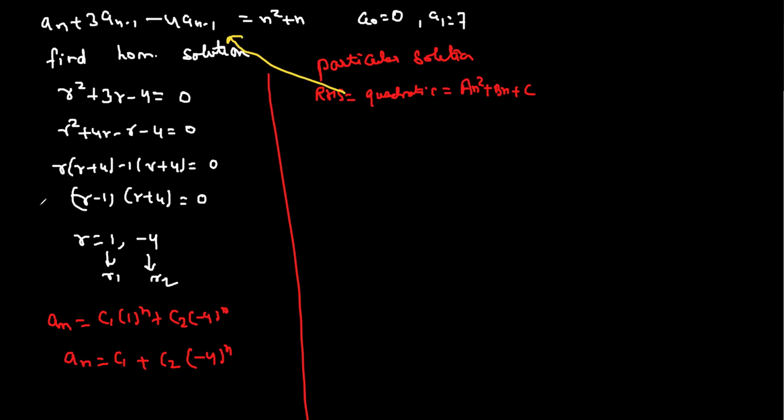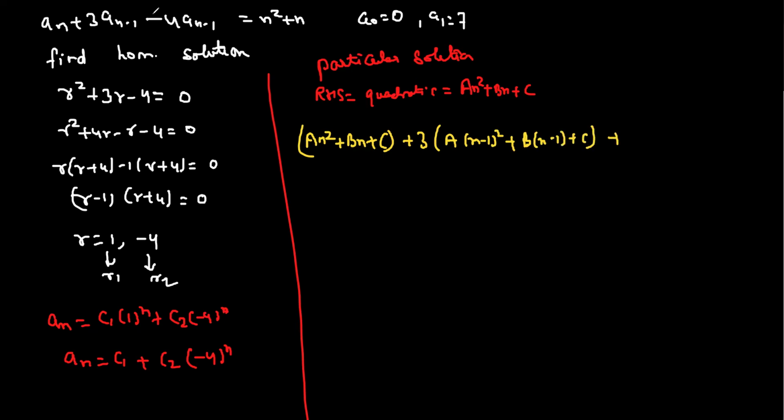Then put here. And this is what? And this is N minus 2. Right? Okay.